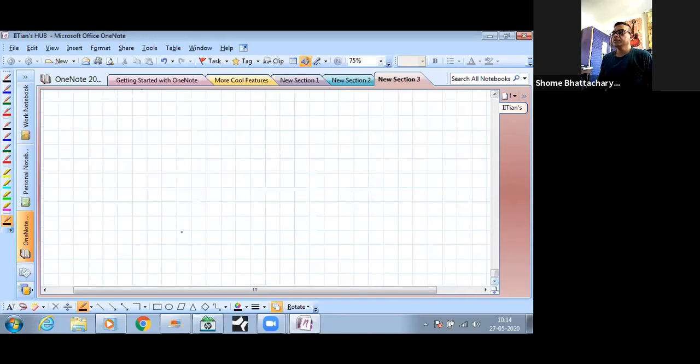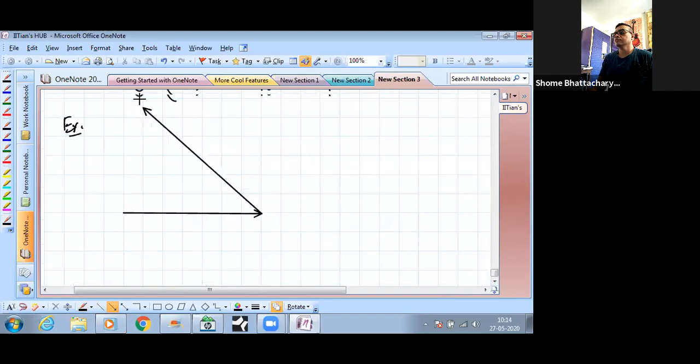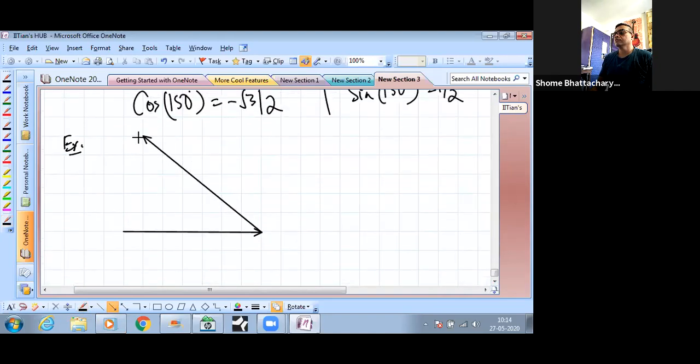So now, as a quick application example, we have something like this, let's say. This angle is an obtuse angle, let us say.